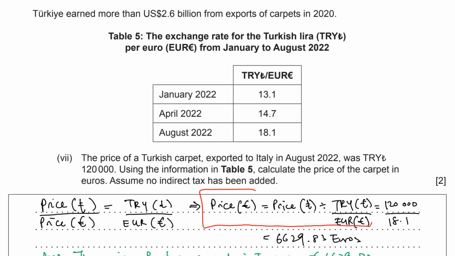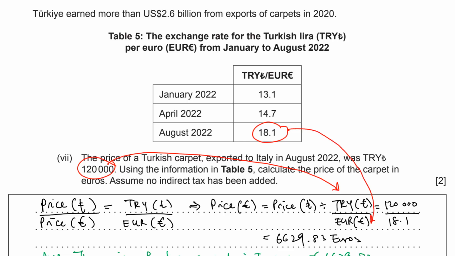So we've got price in euros on the left-hand side equal to price in Turkish lira divided by the exchange rate, which is expressed as the ratio between Turkish lira to euros. Once we have those numbers in place, we take the 120,000, which is the price in Turkish lira, and 18.1, which is the exchange rate, and put it onto the denominator.